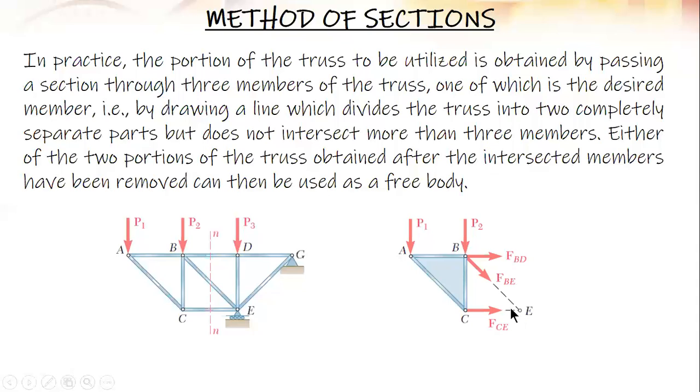Okay na. So, three unknowns, and then we have three equations for equilibrium, ma-solve siya, di ba? Pero ang intent ani method of section is to apply a condition if possible, you only have one unknown sa equation. And like in this one, if you will use a summation of force along x, wala kay ma-solve because you have three unknowns.